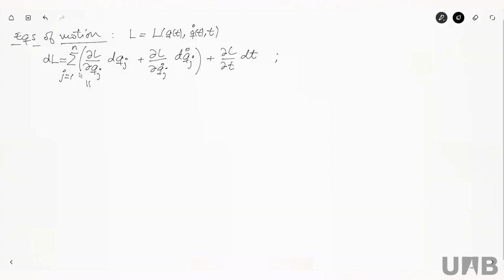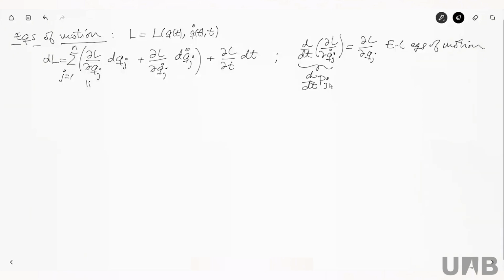So let's look at this first term. We know that the derivative with respect to time of the derivative of L with respect to q dot j equals the derivative of L with respect to qj, because these are the Euler-Lagrange equations of motion, right? So I can use this relationship here and say that this is the derivative with respect to time of, who is the derivative of L with respect to q dot? That's precisely pj.